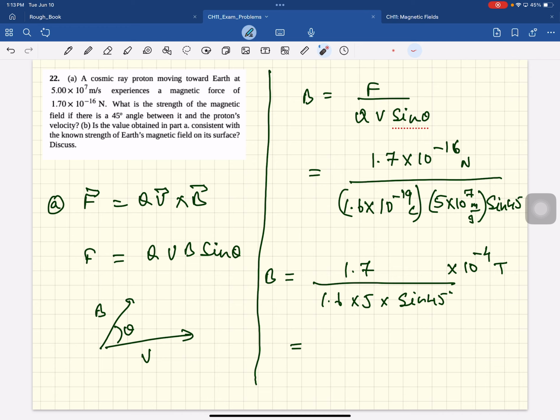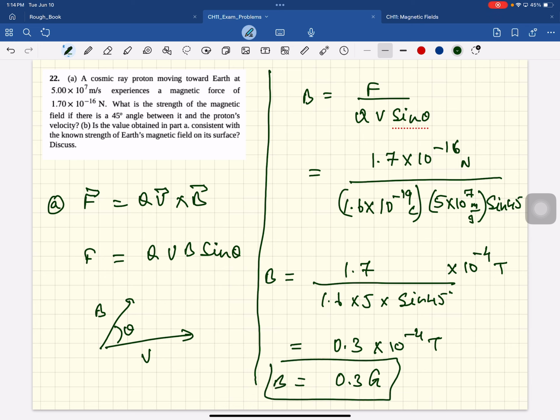The Earth's magnetic field is of the order of Gauss. And that is consistent with the Earth's magnetic field.